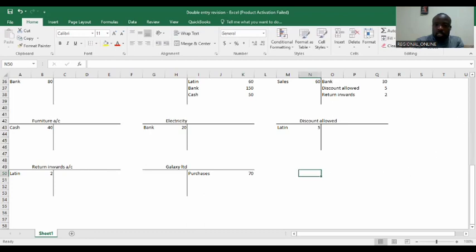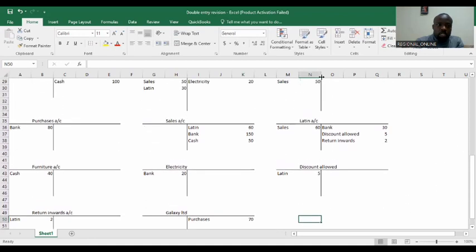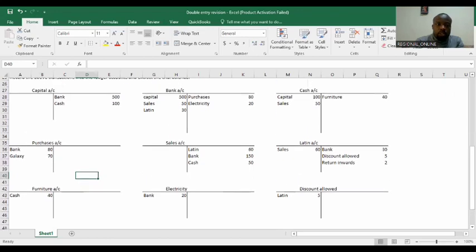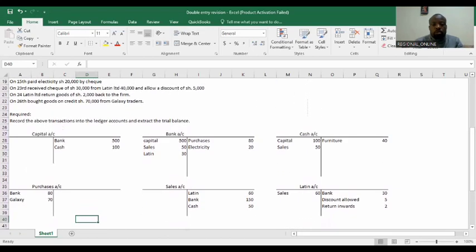And if stock increases, that is like your asset, you debit. So Galaxy, 70. That is a simple double entry that you're supposed to do.